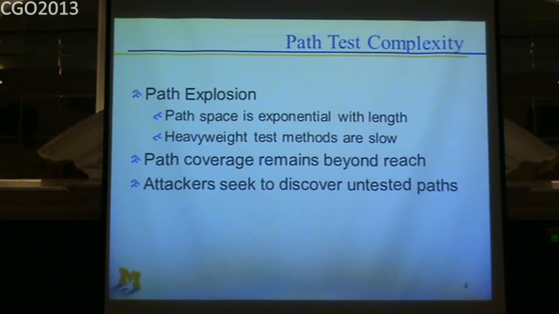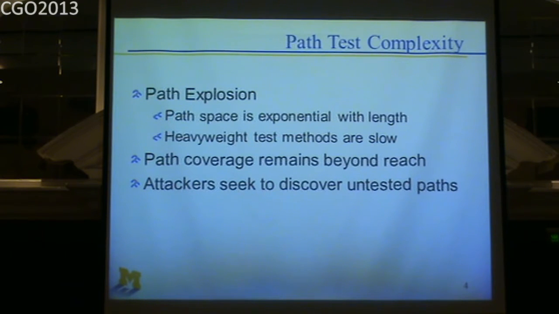So now, path testing itself is a really challenging task. And this is due to the fact of path explosion, where the path space of an application is exponential in the execution length of that application. Another problem is that current heavyweight testing methods like concolic testing remain very slow.